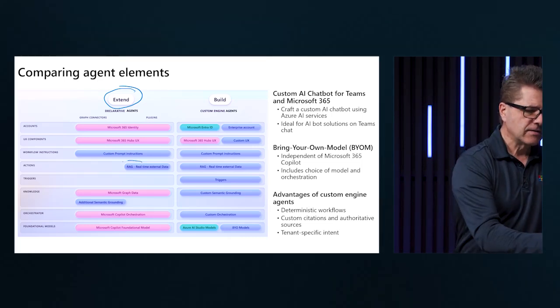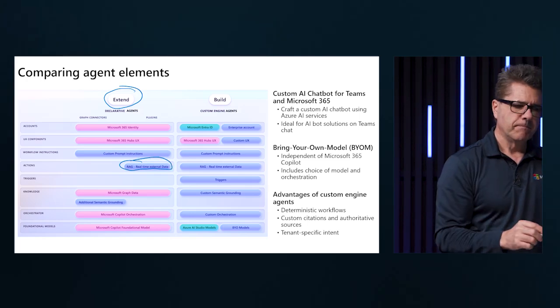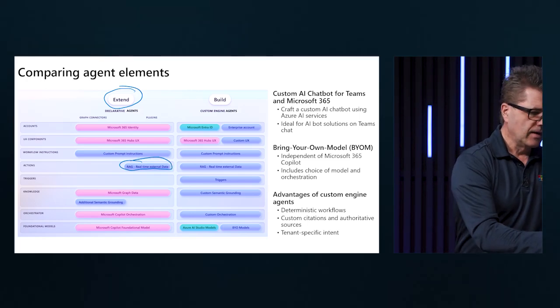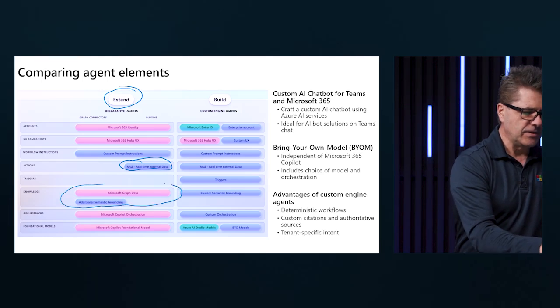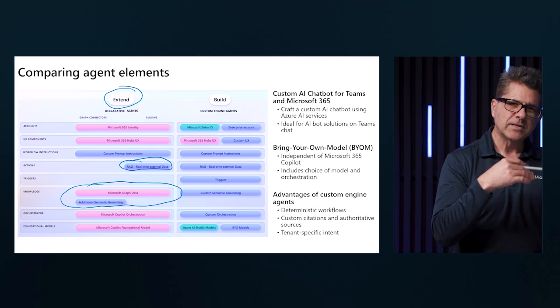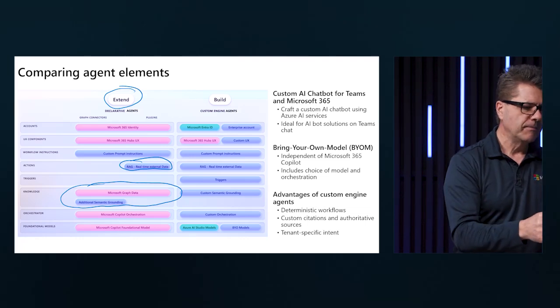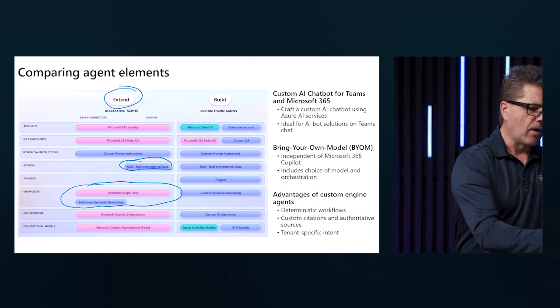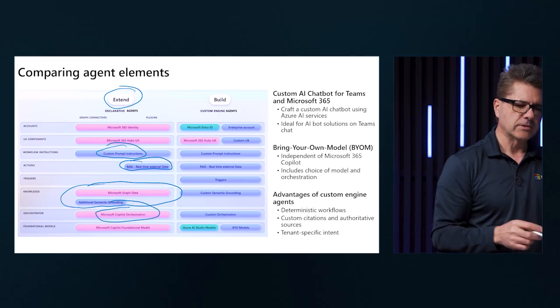I have actions that I can do. We also mentioned, in terms of knowledge, Microsoft Graph. I have additional semantic grounding capability, but I'm not completely changing that. I will also look at the workflow, custom prompt interactions, or orchestration, Microsoft orchestration.